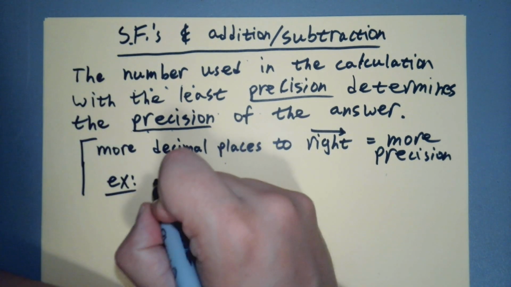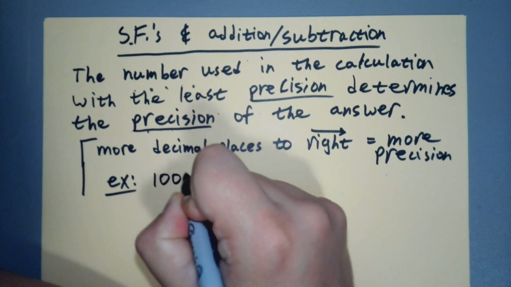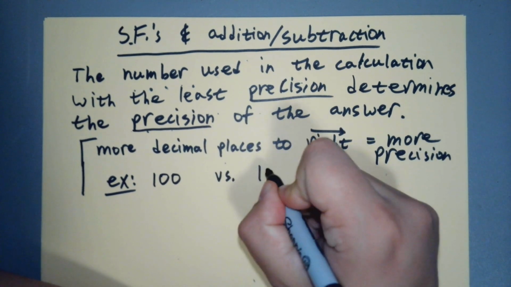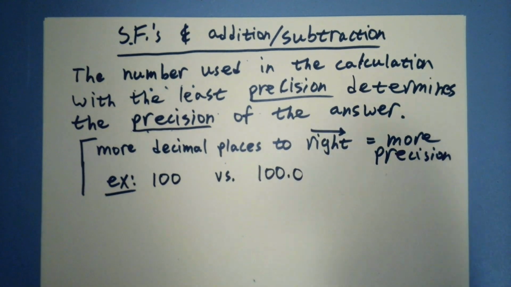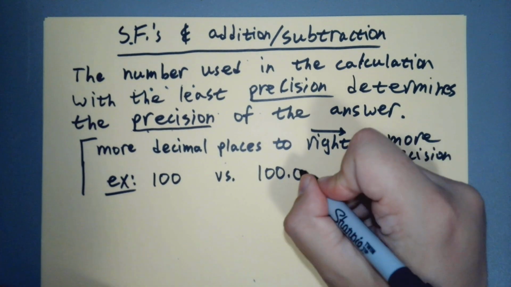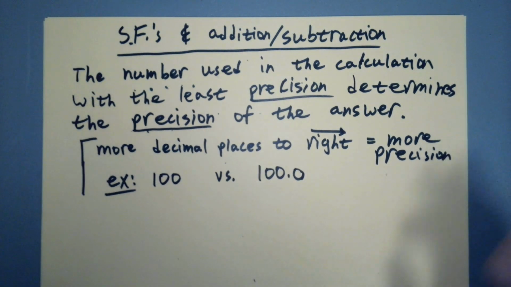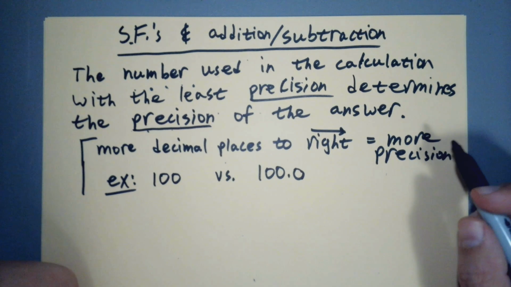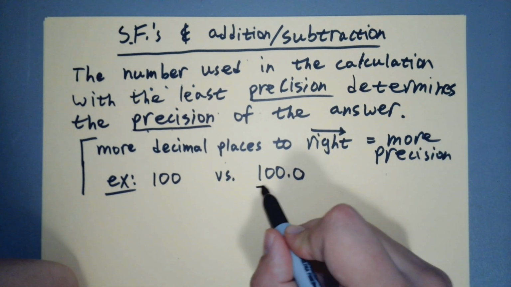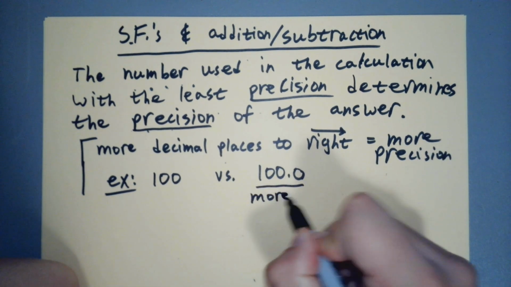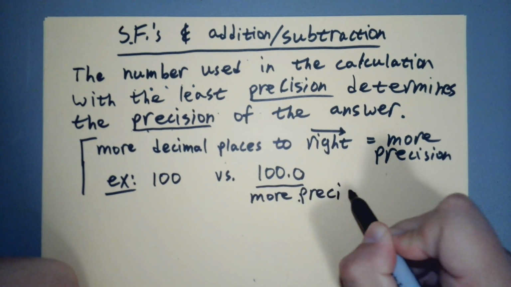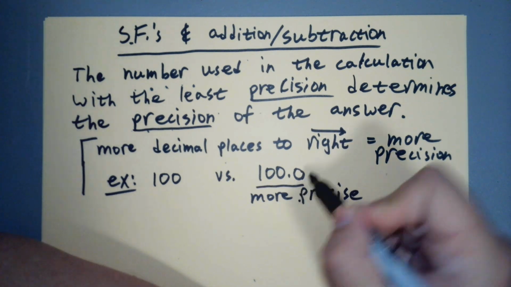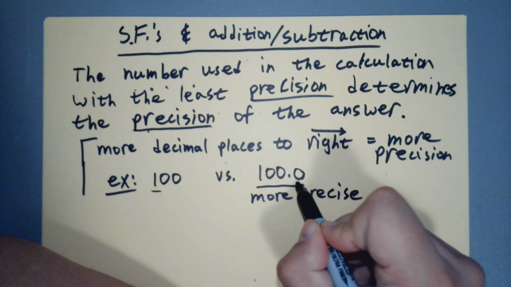So for example, if I have the number 100 versus the number 100.0, and I've tried to sow the seeds of this earlier by talking about precision a little bit, one of these numbers is more precise than the other. And it's this one. Now, why is it more precise? Because it goes to the tenths place. This one only goes to the hundredths place.